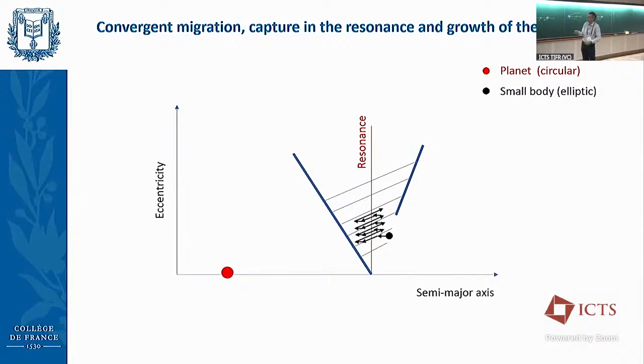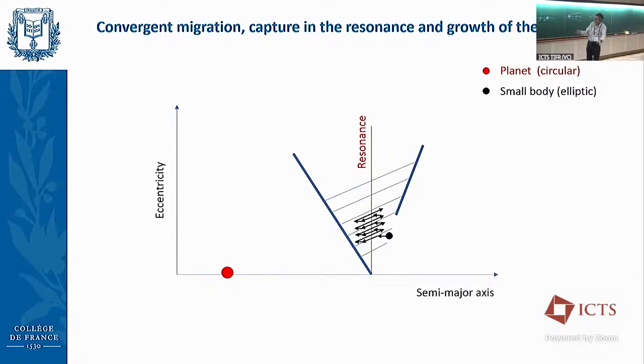So what happens is that the planet, on average, stops approaching planet 1 and starts to vibrate around the resonance and go up in eccentricity. This is the result of the combination of vibration and motion to the left.